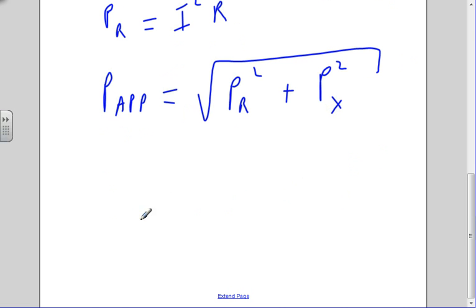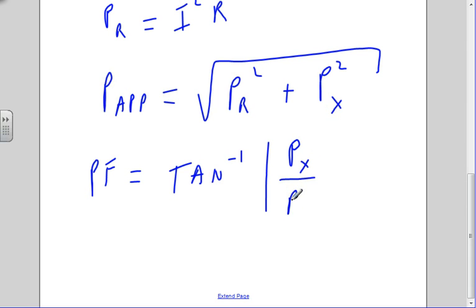And the power factor is the arctangent of the imaginary power divided by the real power.